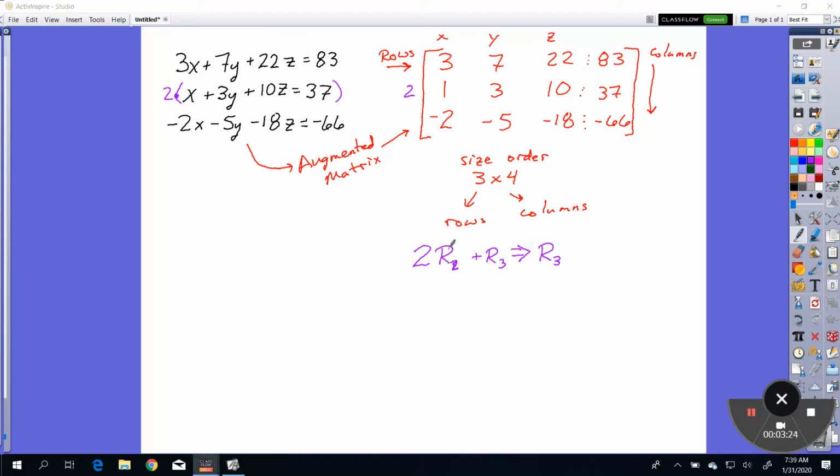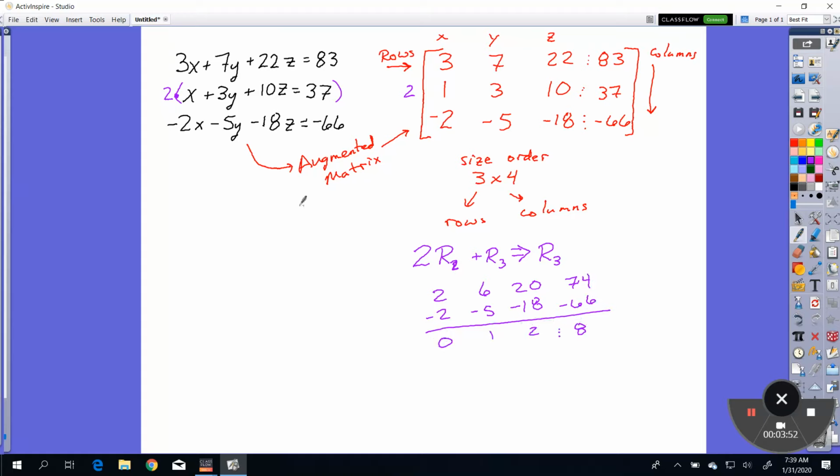For example, if I did what I just showed you right here, I would multiply all of this row by 2. So I'd have 2, 6, 20, 74. And if I added it to row 3, I would just write down row 3 as it is. I would have 0, 1, 2, and 74 minus 66 is 8.